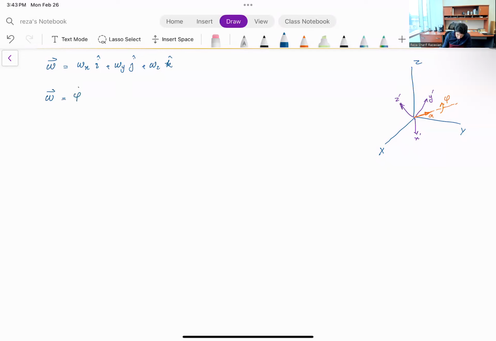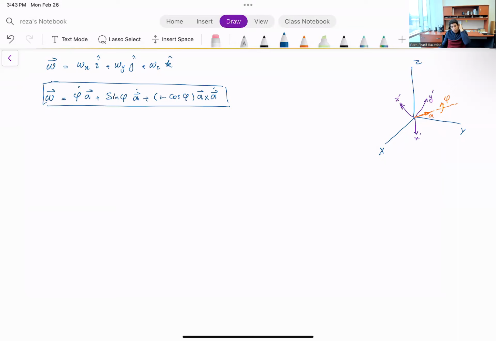Omega can be written as phi dot times A plus sine of phi A dot plus 1 minus cosine of phi A cross A dot. And this is the equation, accepted without proof.